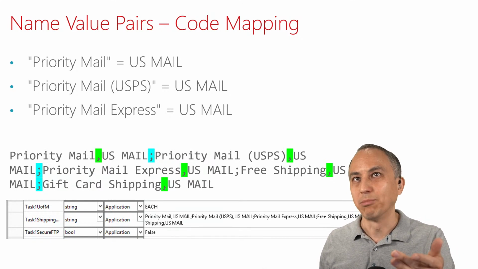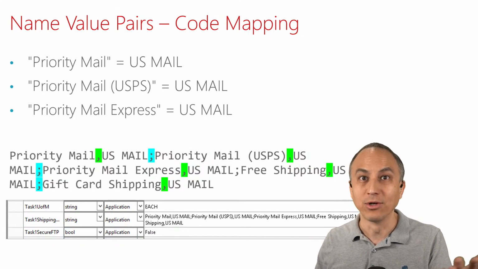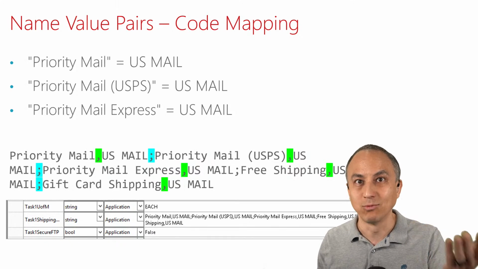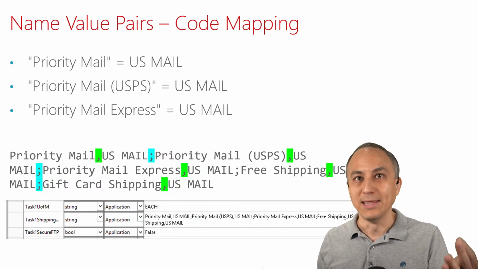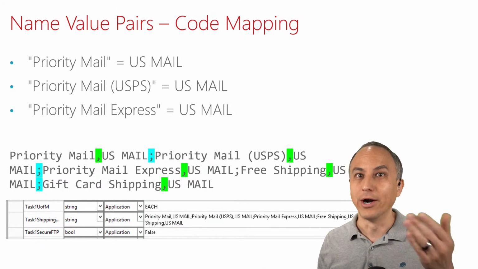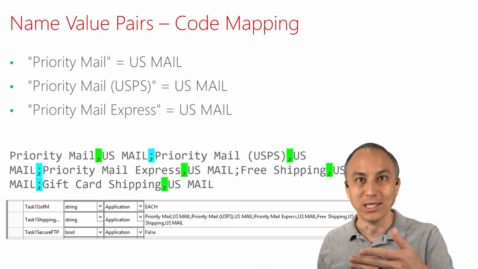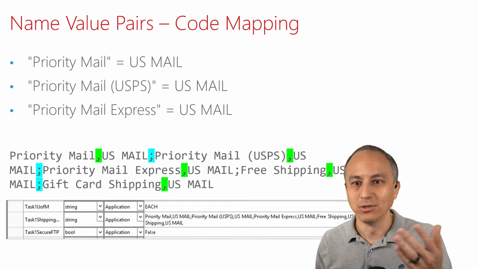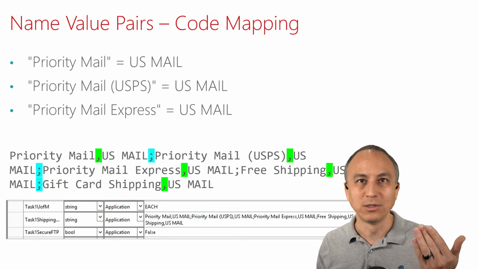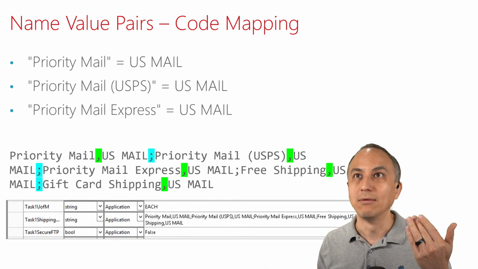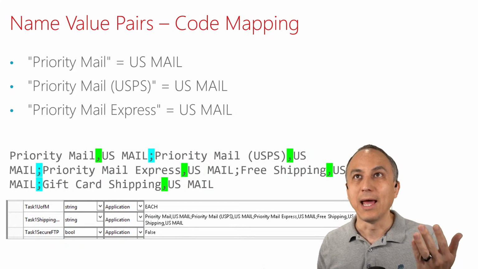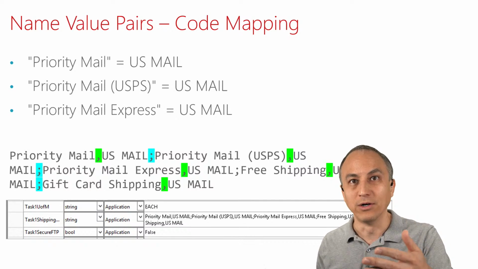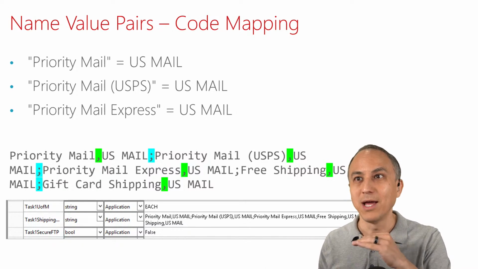Okay, but then there's priority mail USPS. I don't know why there are multiple ones, but that's what the website is sending me. In that case, US mail. Priority mail express, US mail. So for whatever reason, the website is utilizing these multiple shipping methods, and I'm supposed to convert most of those to US mail.